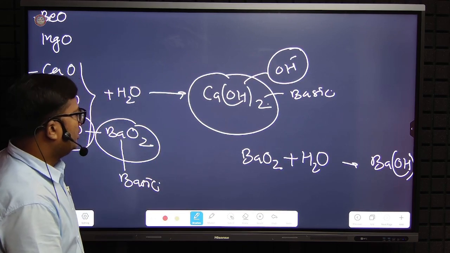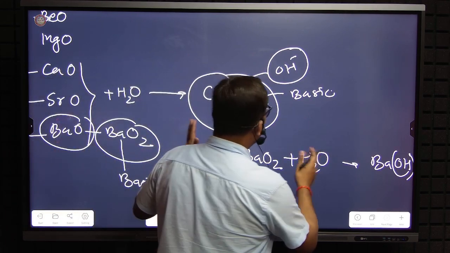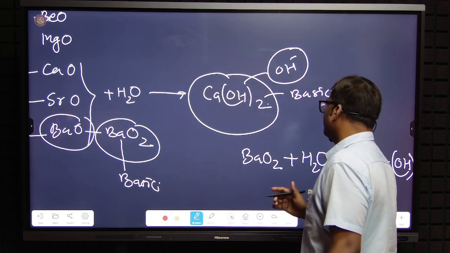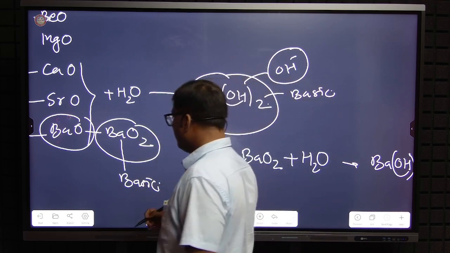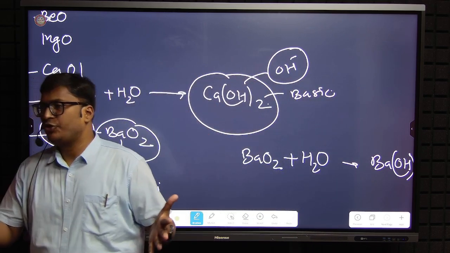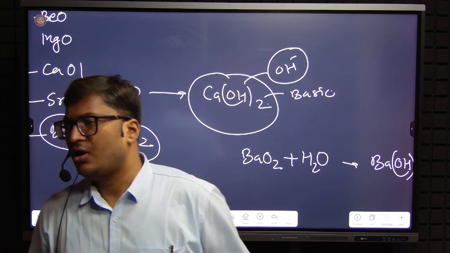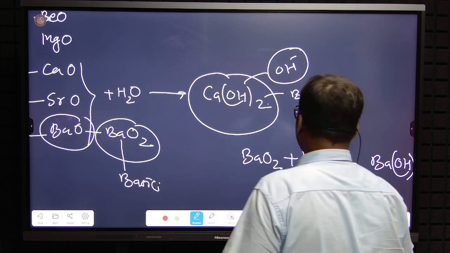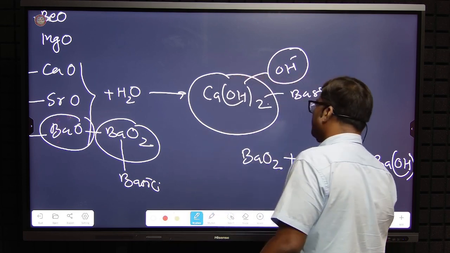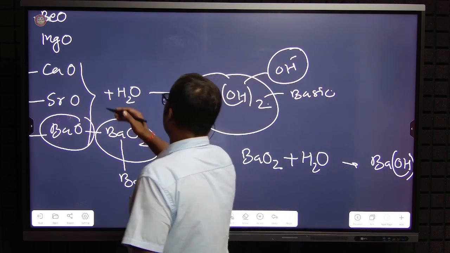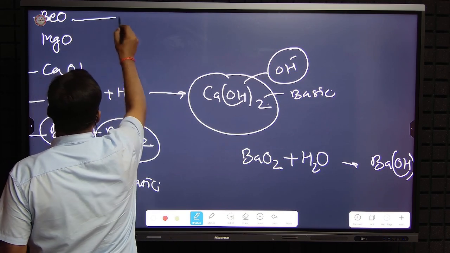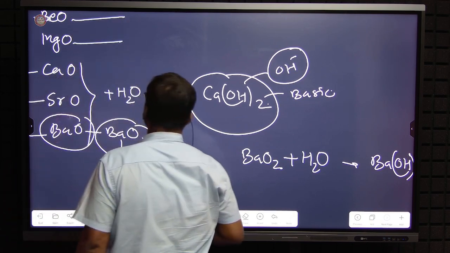Because of the hydroxide formation, all these compounds react with water to form hydroxides. That is why they are called alkaline, so they are basic. But what about beryllium oxide and magnesium oxide?